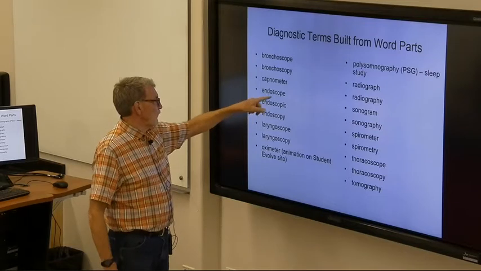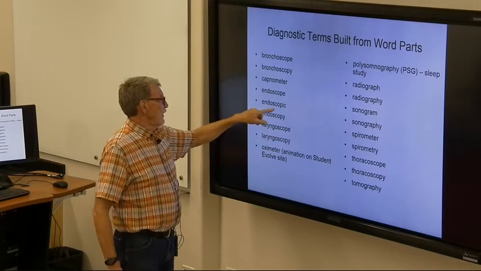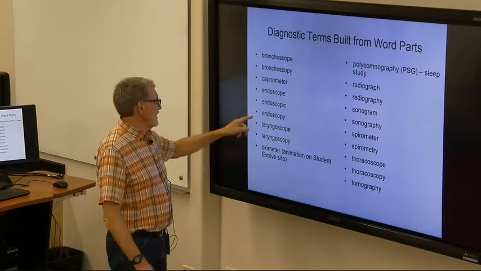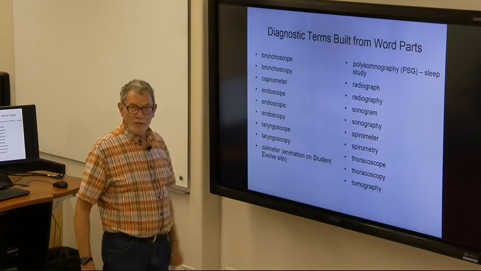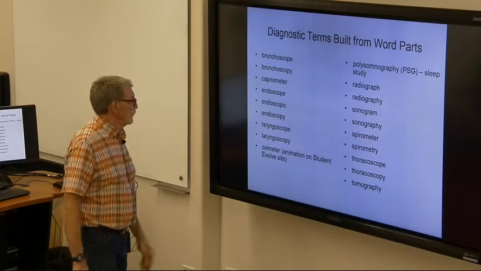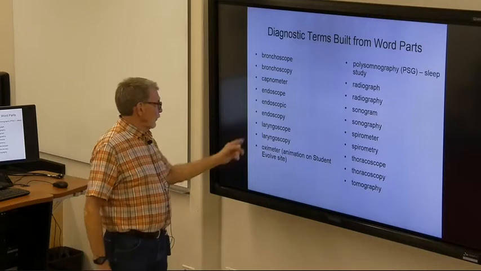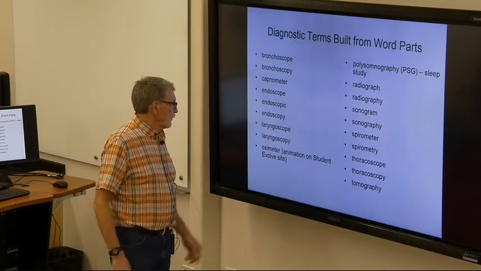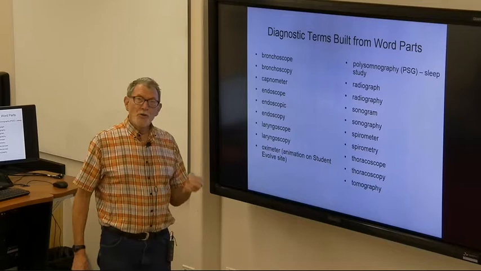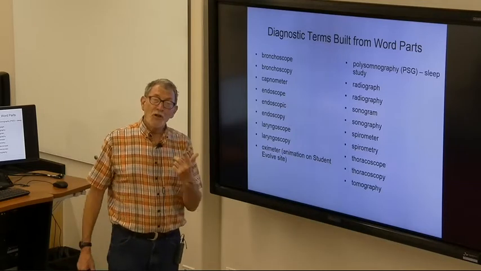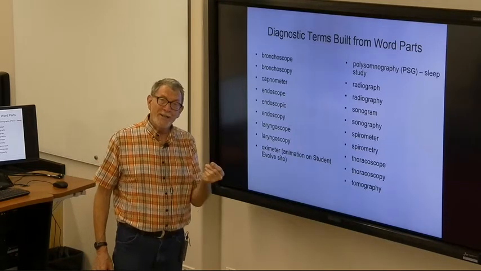That's the scope. That's the machine. This is referring to what you might get from the machine. This is the whole process or procedure field. Laryngoscope, same thing. An oximeter, you put on your fingertip and it tells you how oxygenated your hemoglobin is.